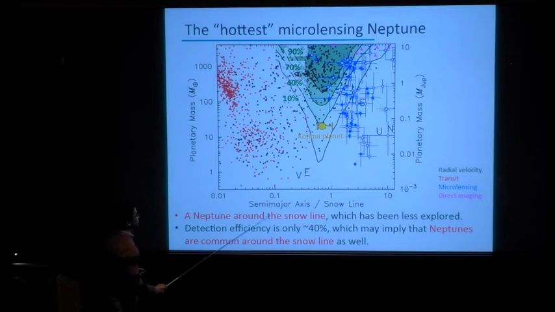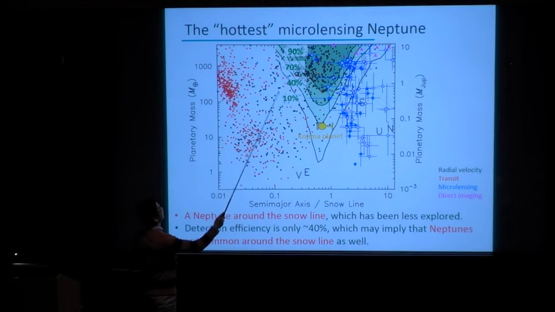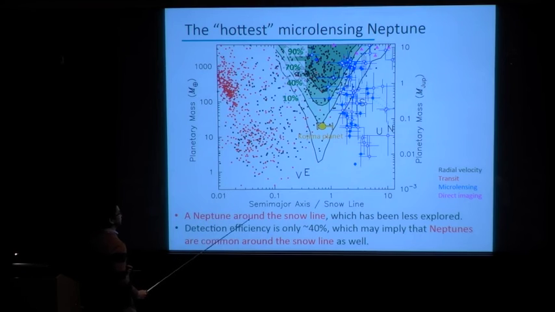And this region has been less explored by any methods. And we also calculated the detection efficiency of this event, which is indicated by contours. And we found that the detection efficiency of this planet is about 40%, which may imply that Neptunes are common around the snow line as well.